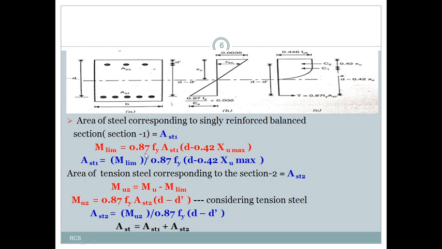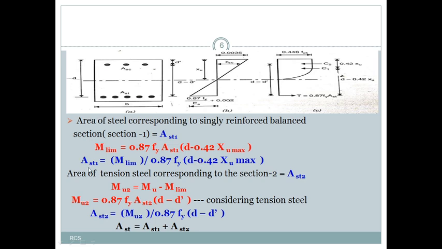Calculating with respect to steel, that is 0.87 Fy AST1 for section 1, the lever arm is d minus 0.42 Xu max. If we rearrange the terms, we get AST1 equal to Mu limit divided by 0.87 Fy into d minus 0.42 Xu max. So this is how we can calculate our AST1.